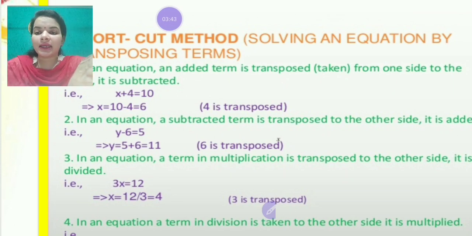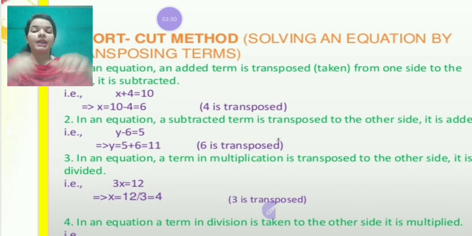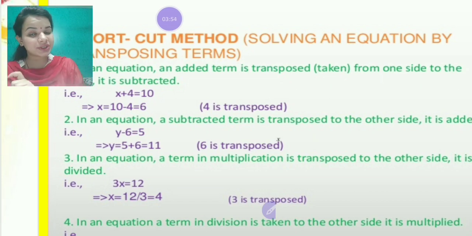Similarly, if in an equation a subtracted term is transposed to the other side, it is added. If you are taking any term that is in subtraction on the left hand side to the other side, it will be in addition. As in this example also you can see y minus 6 equals 5.